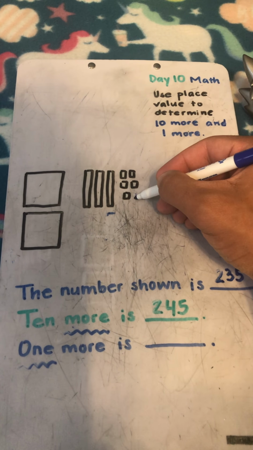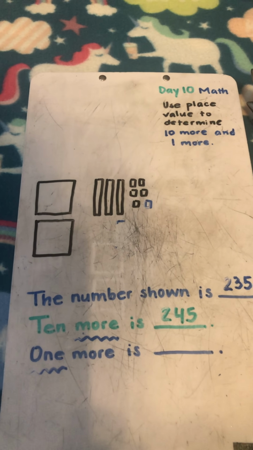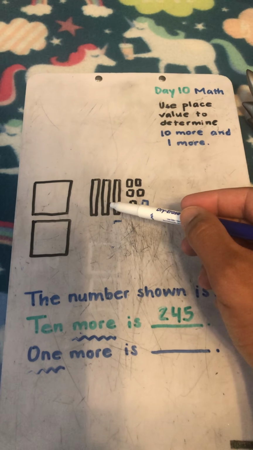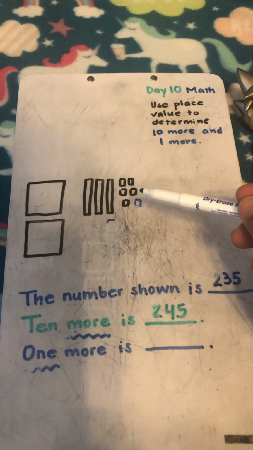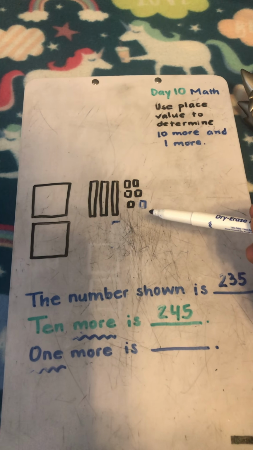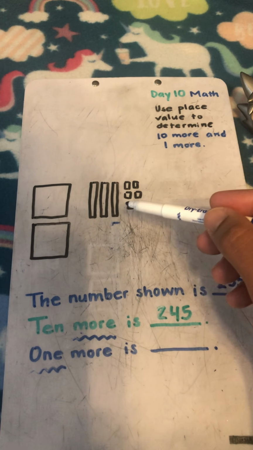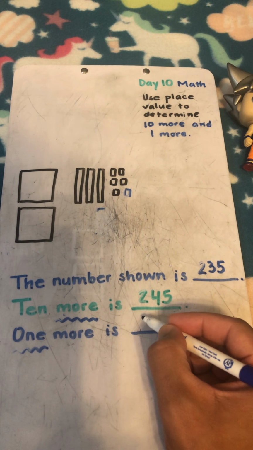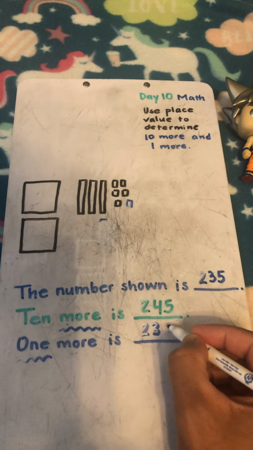I'm going to just imagine, or I can even draw it if I like, 1 more 1. So now I have still two hundreds. I have those 3 tens that I started with, right? And now instead of 5 ones, I have 6 ones. So my value here, 200, 30, and in this case 6. 1 more is 236.